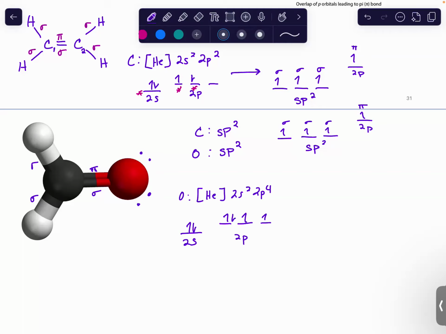Those 6 valence electrons have to give me 2 lone pairs, a sigma bond, and a pi bond. So again, I'm going to get my sp2. My 2p's left over, well, I have to have a pi bond, so that's going to take care of one of the electrons. I need a sigma bond, so that's going to take care of another electron. That leaves me 4 valence electrons. That'll be my lone pairs. Your lone pairs have to go in the hybridized level so that they can get far enough away from other electrons to not destroy the molecule.